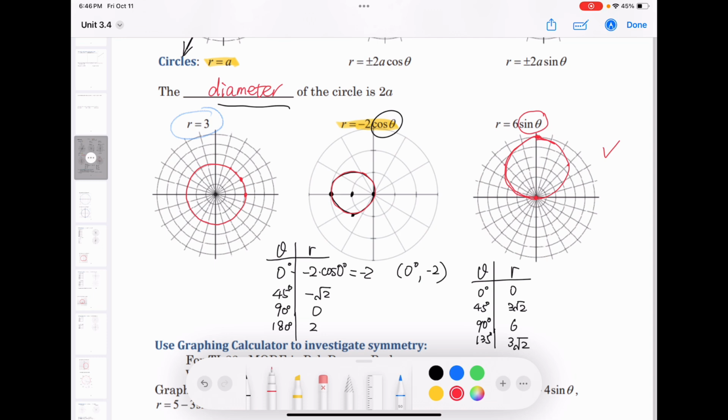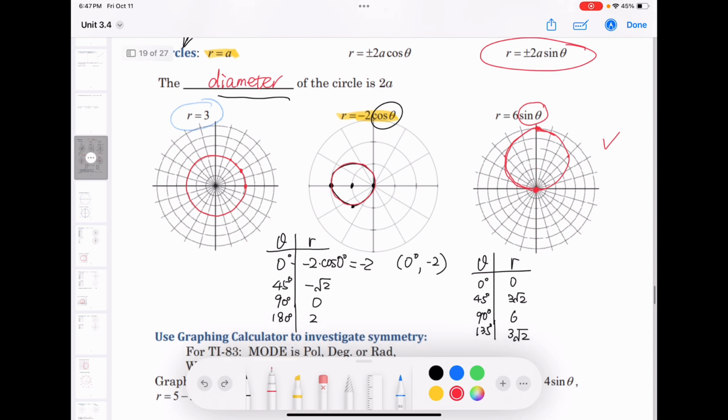And what is the diameter? In front of the sine theta is 2a. This is the formula: r equals positive or negative 2a times sine theta. So the diameter is 2a, which is 6. Yes, from the point here to the point here, the diameter is 6.